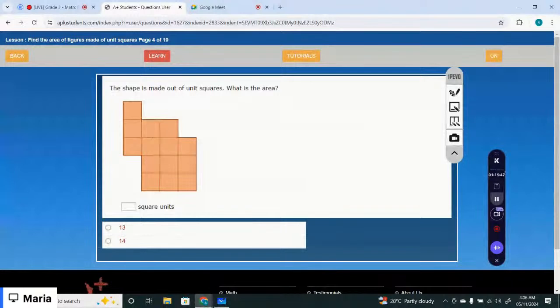The shape is made out of unit squares. What is the area? So which is the correct option? You need to count the squares, right? So how many squares are there?